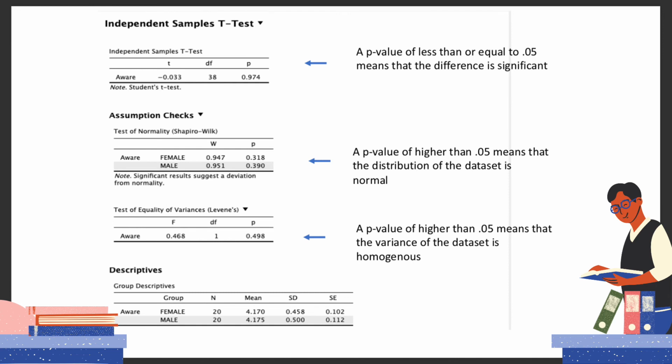It means to say that the data distribution is normal. Now for test of equality of variance, the p-value should also be higher than our 0.05 in order for our dataset to be considered homogeneous. So with this set, our p-value for test of equality gives us 0.498, which gives us a dataset that is considered as homogeneous.